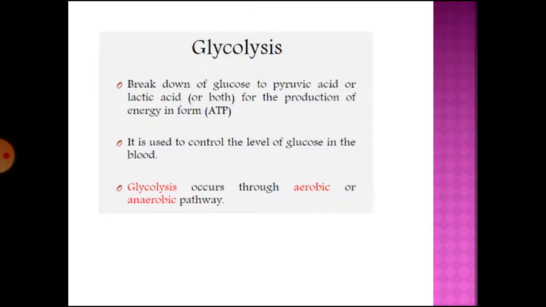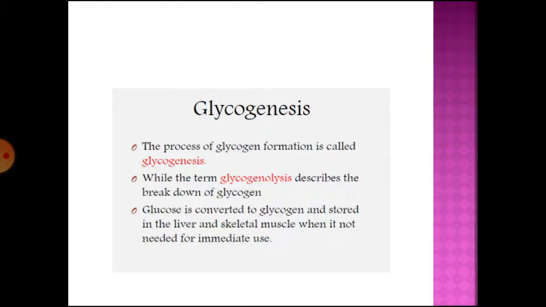It is used to control the level of glucose in the blood. Glycolysis occurs through an aerobic or anaerobic pathway. The process of glycogen formation is called glycogenesis, while the term glycogenolysis describes the breakdown of glycogen.